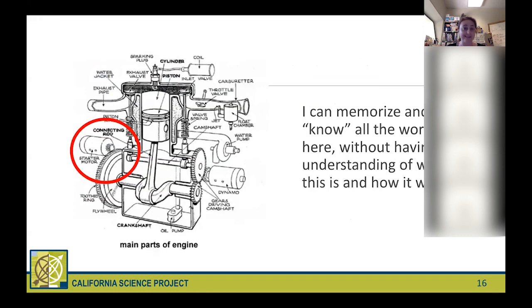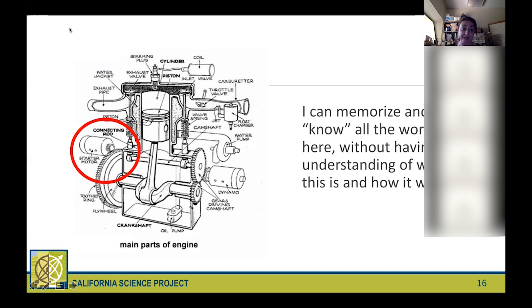The next slide is an example of this idea. And in the slides, you can see all the parts of this engine. Our engineering students are fantastic at memorizing all the words of this engine, but they don't really grasp, for instance, how come the little wheel that you see in the circle, the wheel of the starter motor, has to be smaller than the two-third wheel that is much bigger.